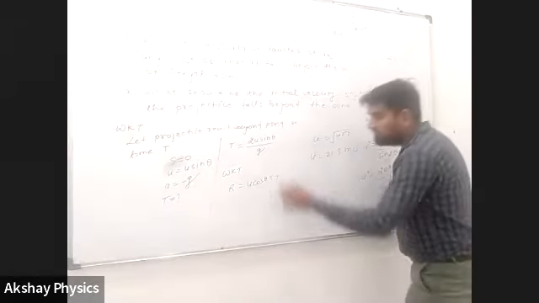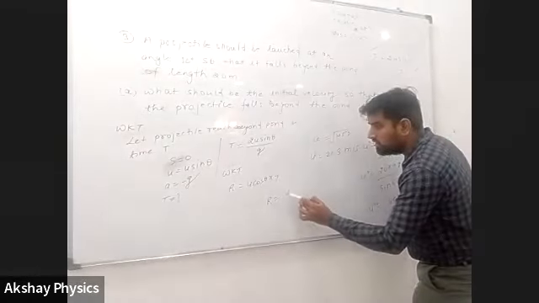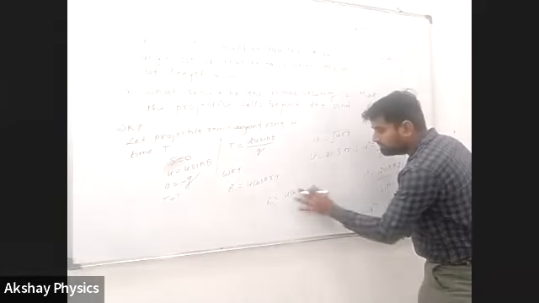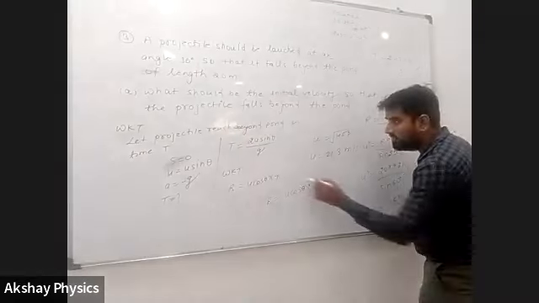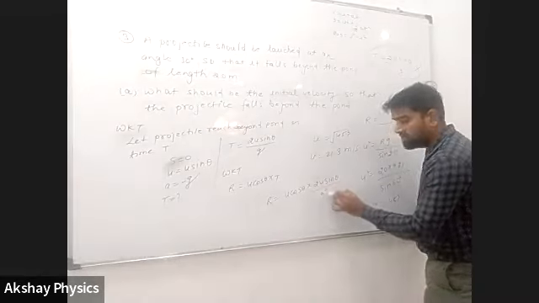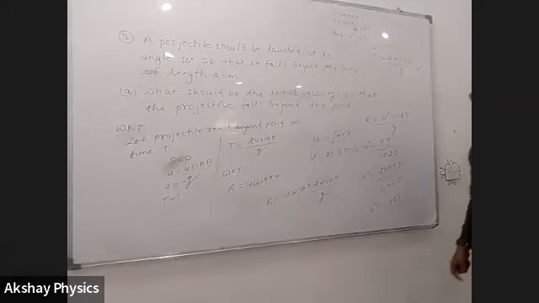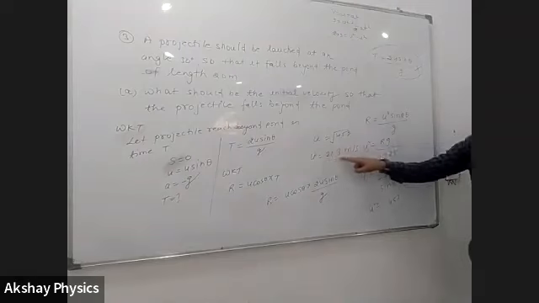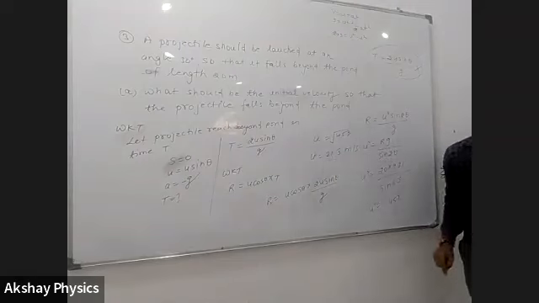What is the time given? Time is 2u sin theta over g. Remember this calculation; we got the same answer, 21, by this.